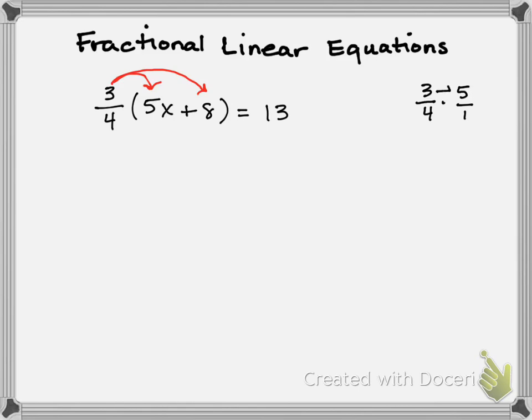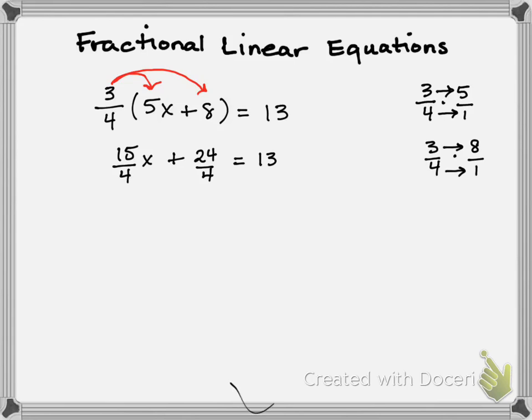So you are going to multiply the 3 and the 5 and the 4 and the 1. So this is going to become 15 over 4, and then there's the x next to it. Plus, we'll do the same thing again: 3/4 times the 8, which is the same thing as 8 over 1. Multiply the numerators, multiply the denominators, and we'll get 24 over 4 equals 13.